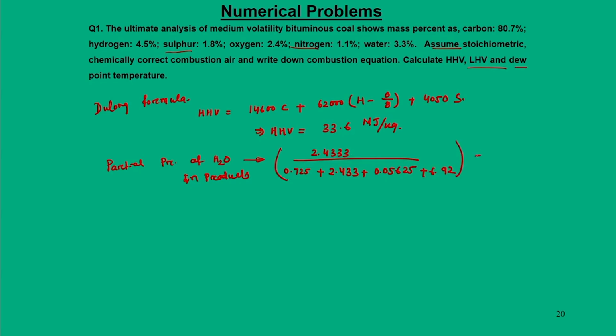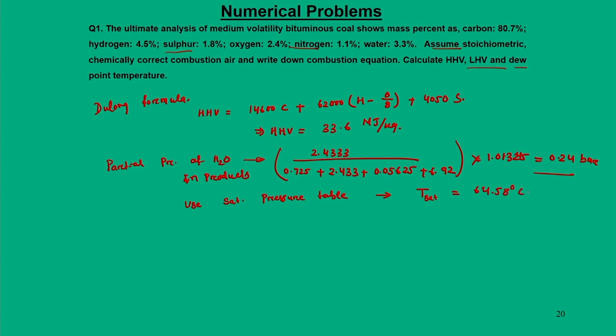Putting in these numbers gives 0.24, and if you take atmospheric pressure as 1.01325, this becomes 0.24 bar. At this pressure, use the saturated pressure table, which will give you the saturation temperature.